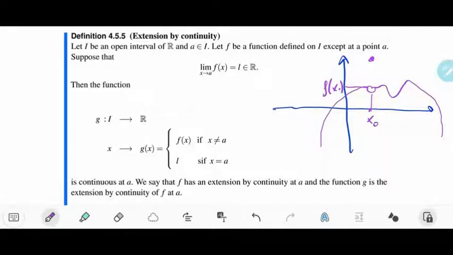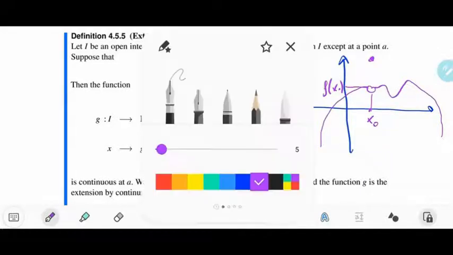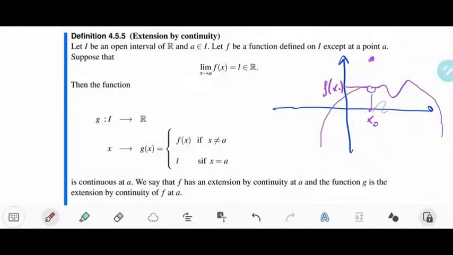Then we can define a new function that is exactly equal to this function everywhere, except that at this point the image of the function is equal to the limit of the function when x tends to x0 from the right, and to the limit when x tends to x0 from the left.